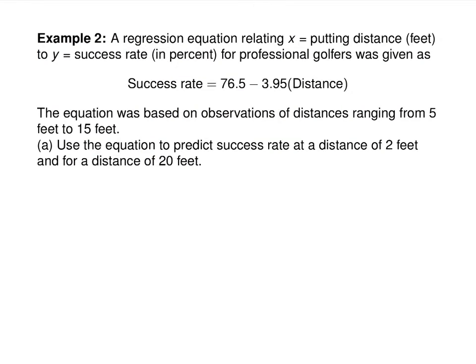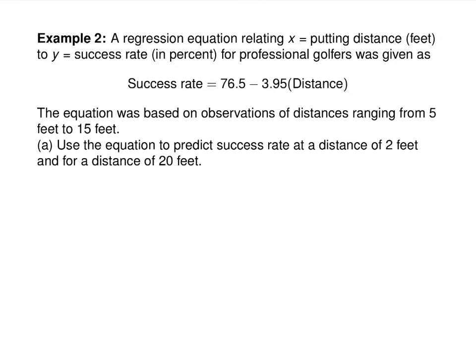Okay, great. So here is a regression equation relating the putting distance in feet and the success rate for professional golfers. This question was based on observations of distances ranging from 5 feet to 15 feet. So picking an x value between 5 and 15 to plug in for distance is interpolation.